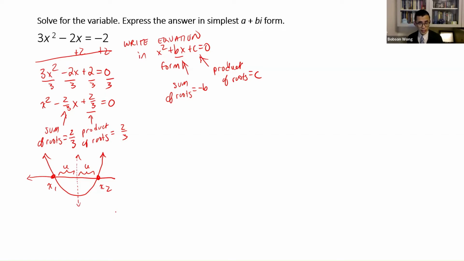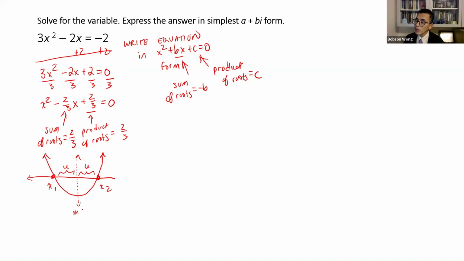We're only interested in the distance here, so we don't need to worry about a u value that's negative. We'll call this value m. So m represents the axis of symmetry, and m represents the average of the roots. It's midway between the two roots. The diagram is really important in helping you to remember what m represents.